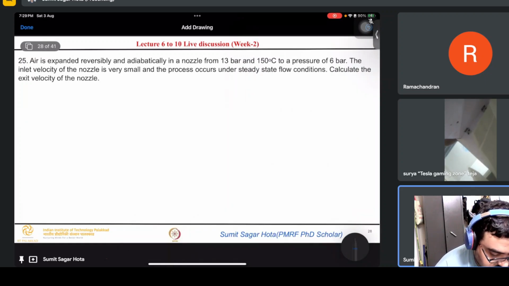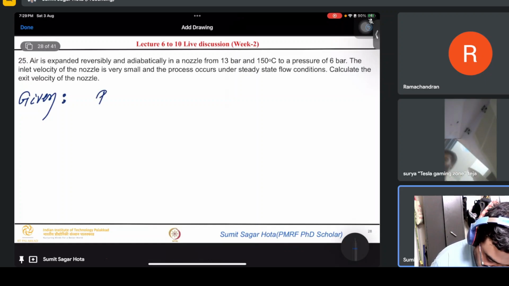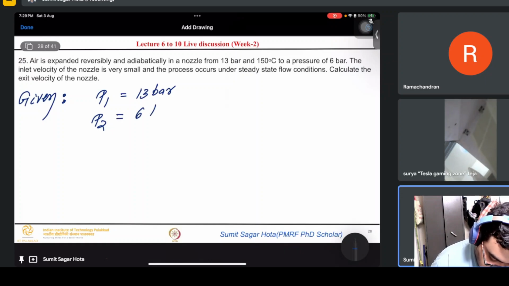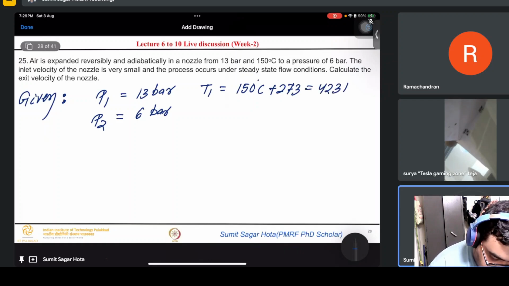So what are the things given? The pressure P1 is 13 bar and P2 will be 6 bar. T1 is 150 degrees Celsius plus 273, 423 Kelvin, and C1 is equal to 0.